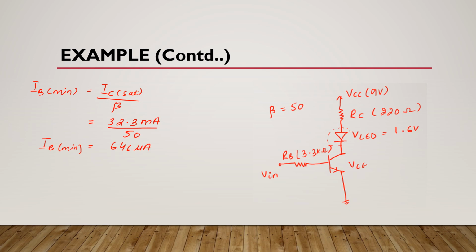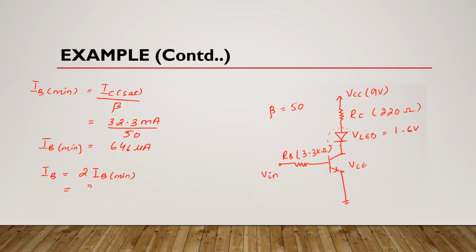Now, in order to ensure saturation, we will use twice the value of this minimum value of base current. It means IB is equal to 2 IB minimum.